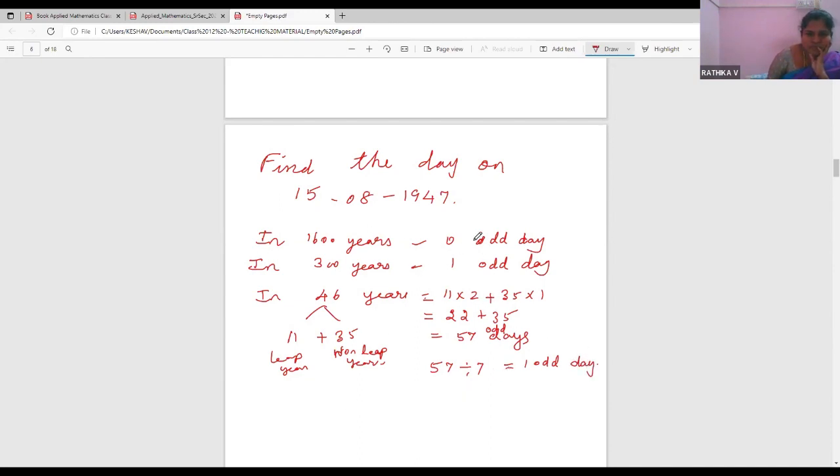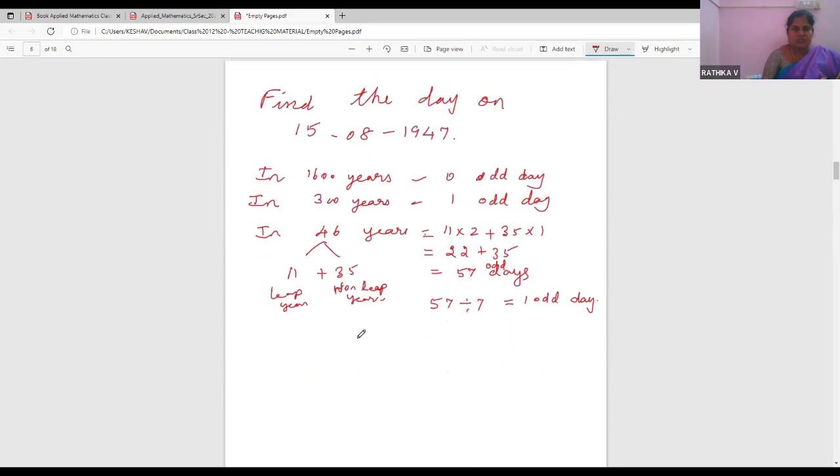For 1947, we have to calculate up to 15th August.